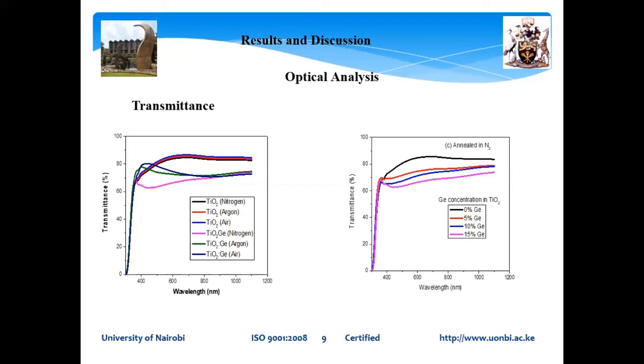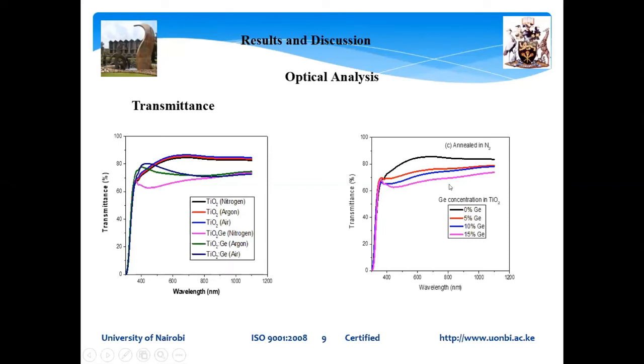This could be attributed to, one, an increase in the film thickness, and two, the color change that turned dark brown when we annealed these films in nitrogen. We know that a dull color suggests a high absorption in the visible region, and therefore this could also have led to the lower transmittance for the films annealed in nitrogen.